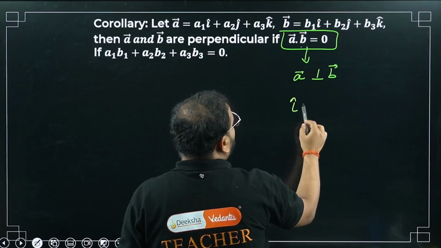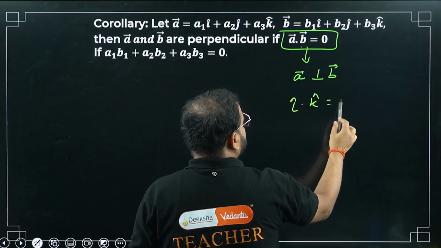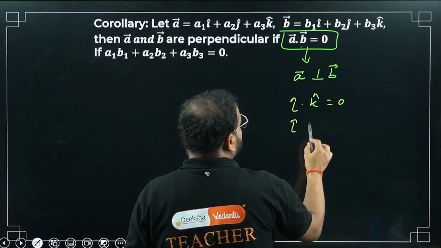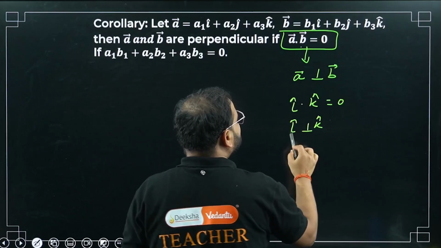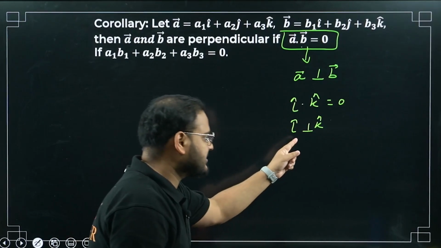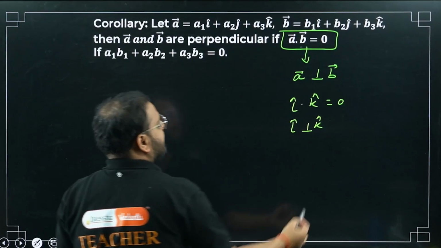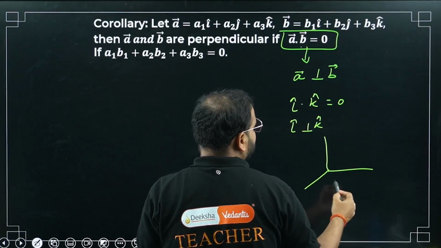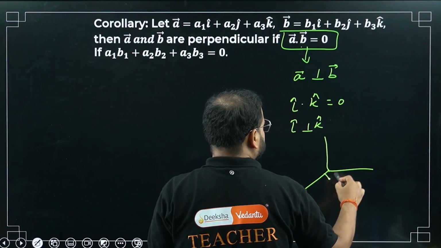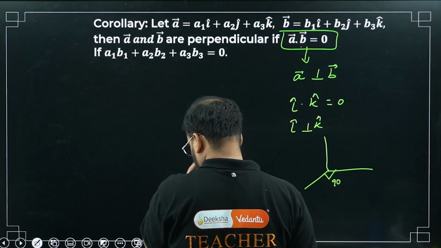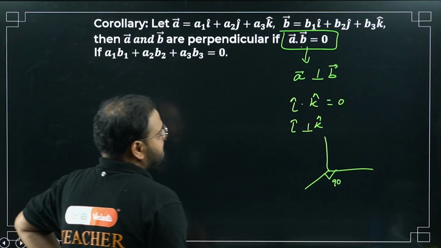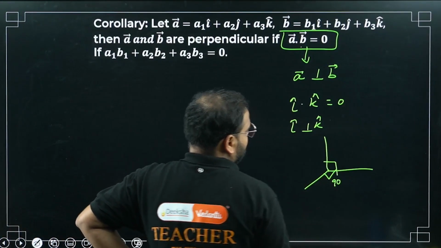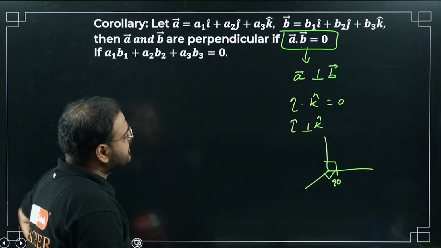I dot K is 0 means I is perpendicular to K, because I is across X axis and K is across Z axis. If this is my X axis, this is my Y axis, then this is my Z axis. This angle also is 90 degree. Fair enough? Simple enough?